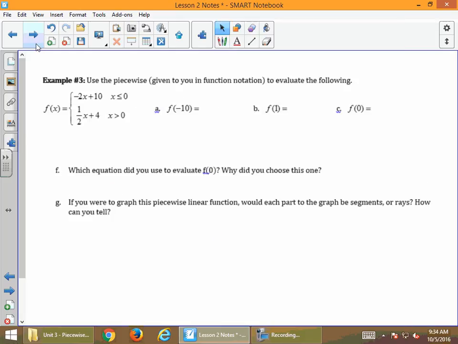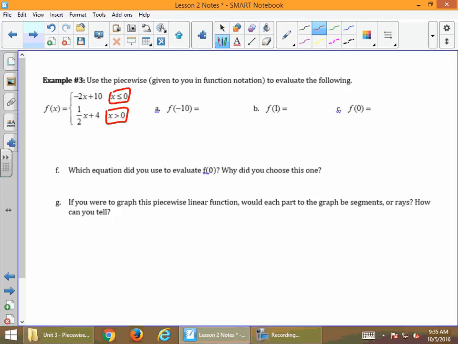We're going to evaluate given the actual equation. Okay? We're going to evaluate f of negative 10. Well, it's really important to look at these domain values here. That's going to tell you which equation to plug these values into. Based off negative 10 in those domains, are you going to plug it into the top equation or the bottom equation?